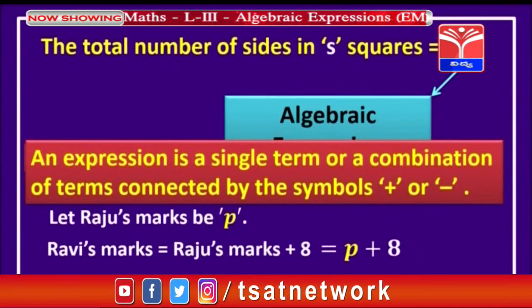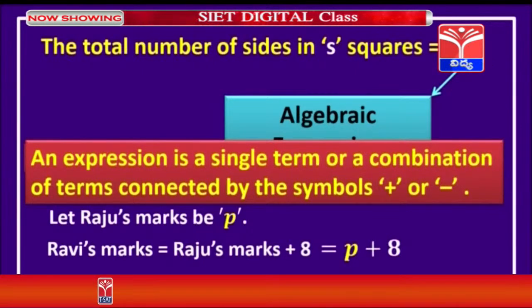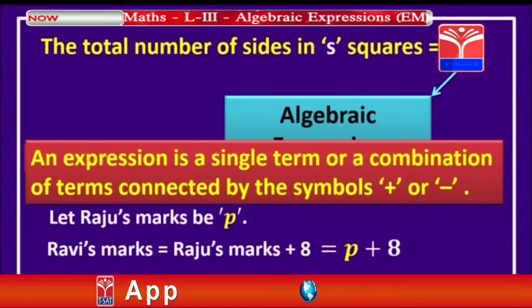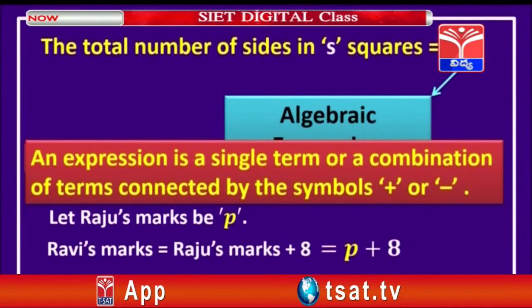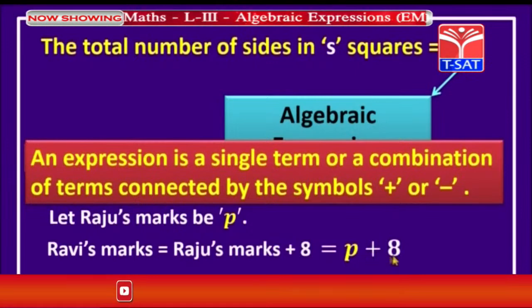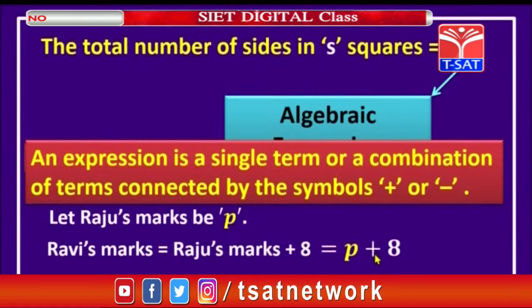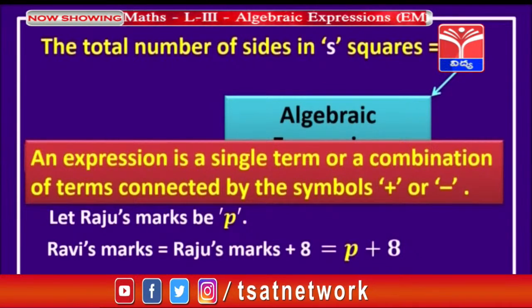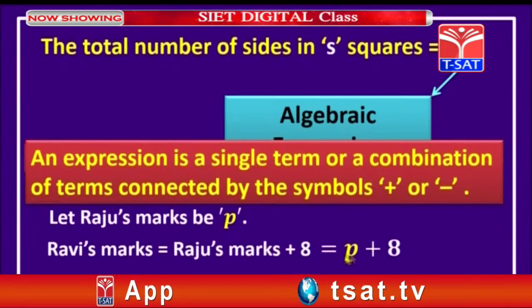So an expression can be a single term or a combination of terms connected by either plus or minus. Here you can notice 4s is an algebraic expression that contains only one term. Whereas in this case, it has two terms, separated by what? A positive sign. It can be negative also. Suppose Ravi gets 8 marks less, then we would have got P minus 8, isn't it, children?